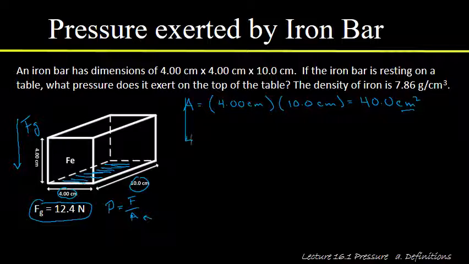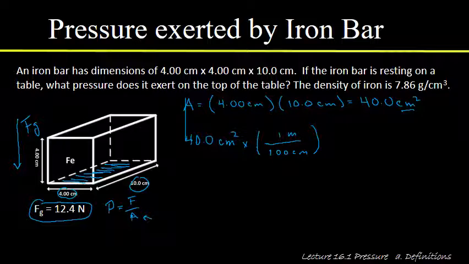If we have 40 square centimeters, we want to convert this to meters. We can do simple metric conversion. Right? There are 100 centimeters in 1 meter. But if we do that conversion as it is, we've only got 1 centimeter down here in the bottom, and we've got centimeters squared over here in our starting value. Right?